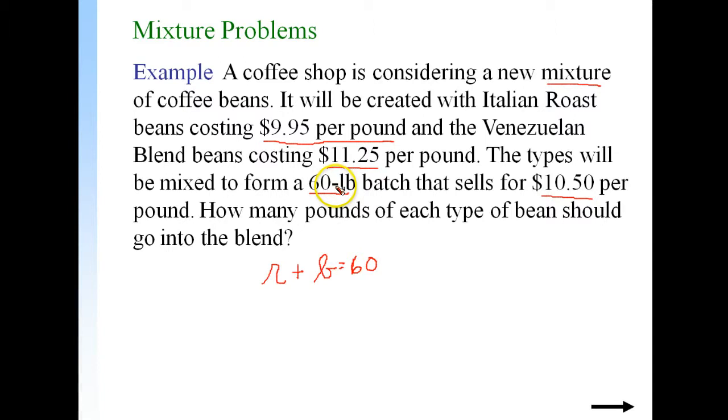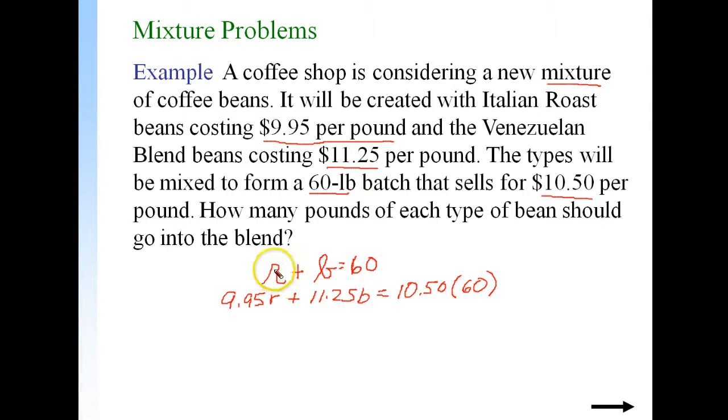That's going to be our N amount, 60 pounds. Now, what does the roast blend cost per pound? Well, that cost 9 point. My pen was giving me a little bit of a hard time there.